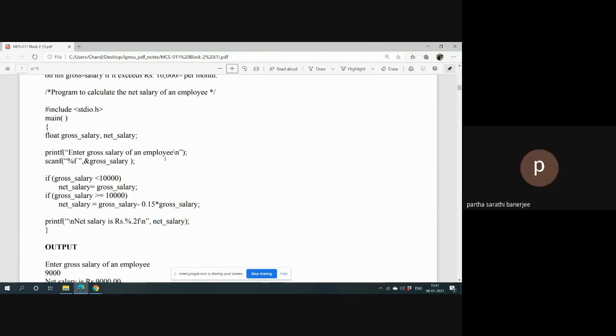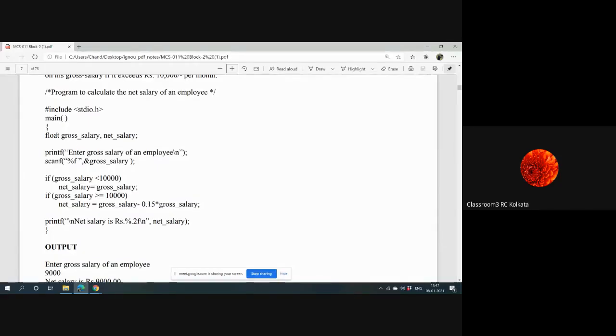If you have to write printf and scanf, then you have to add stdio.h. As we are using printf and scanf, in our life we never heard this sort of word, but the computer also never heard. So printf they have defined as printing any line, and scanf means they input the value from the user.